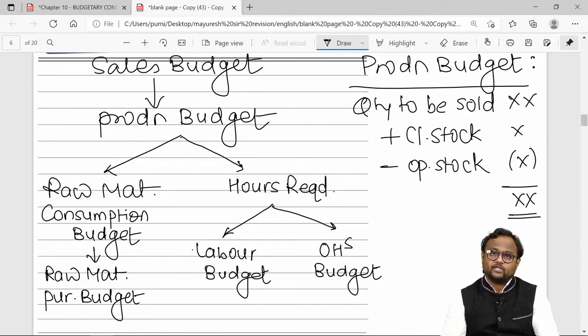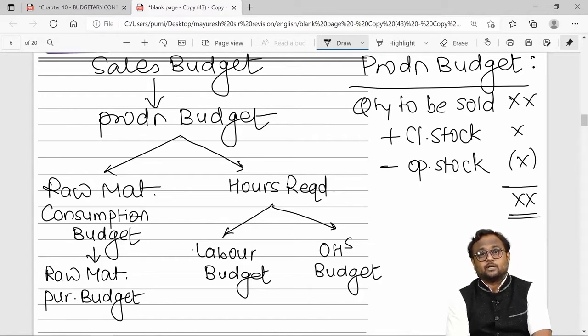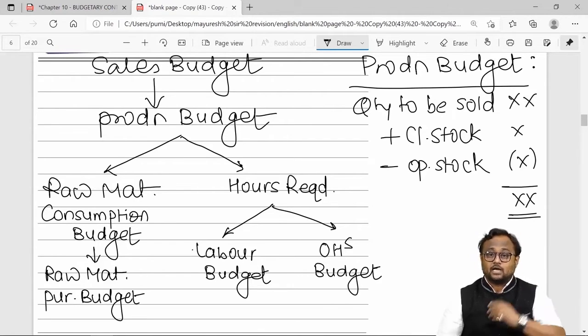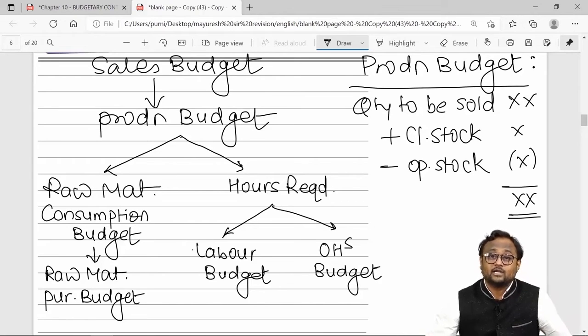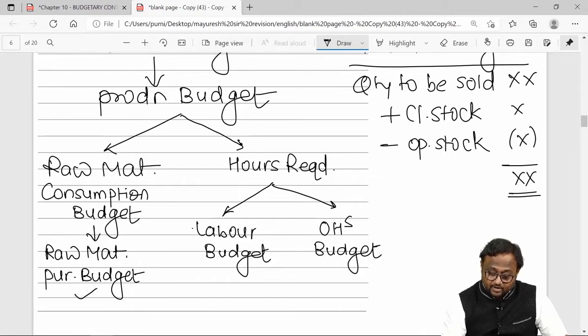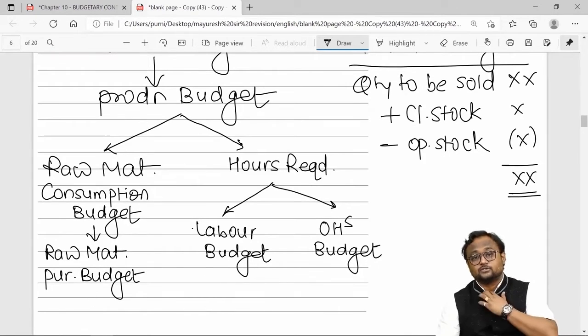So for producing 15,000, I need 45,000 hours to be utilized, multiplied by labor rate, will give you labor budget. 45,000 hours multiplied by hourly rate given for overheads will help you get the overhead figure as well. And if you have material, labor and overhead figures generated, your entire budget is ready. I hope you are understanding what I'm saying.